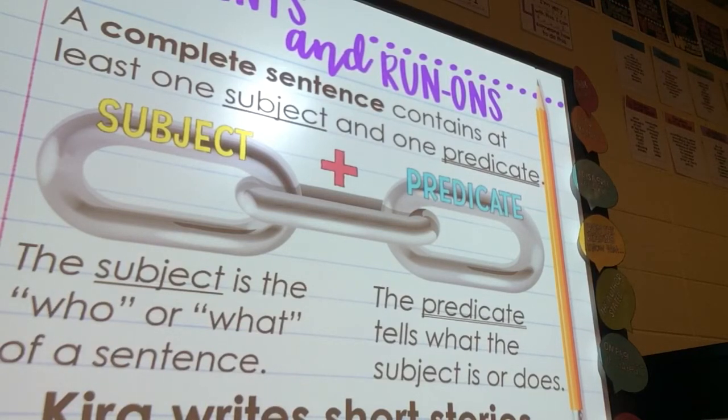I was just showing you. All I have on my paper is just what a complete sentence is, and in my chain links, I've written noun and verb. That's all you have to have.